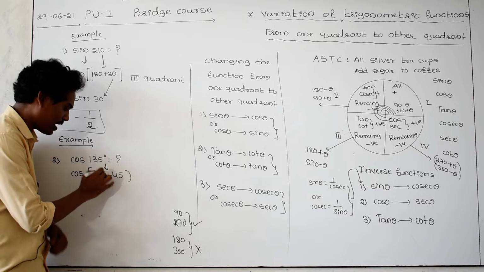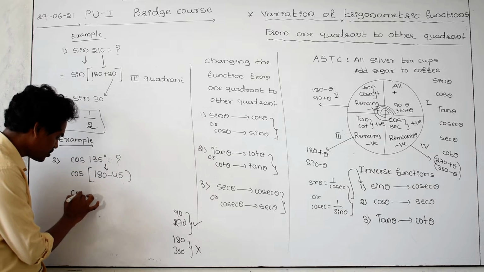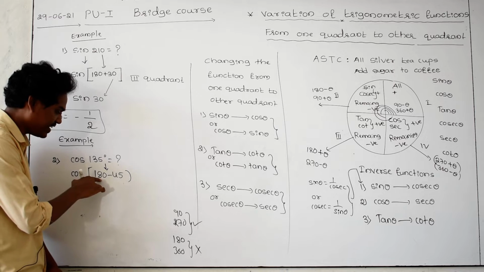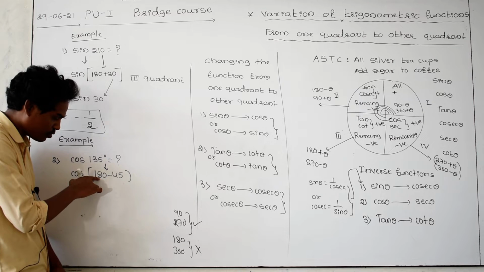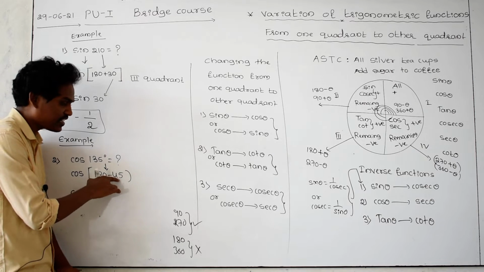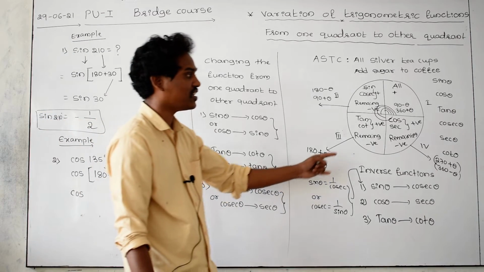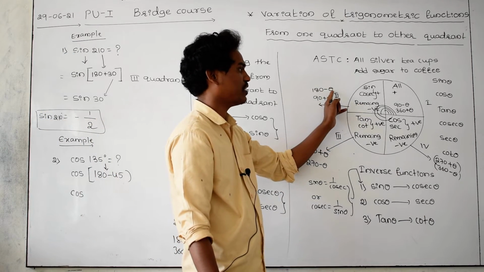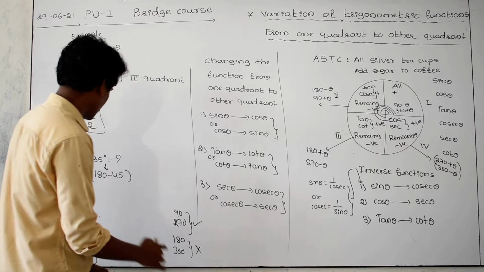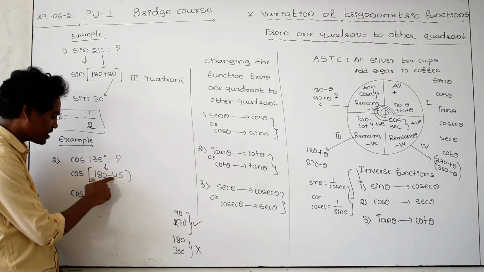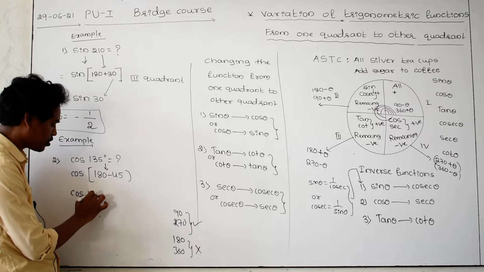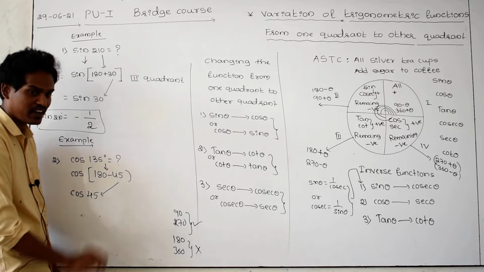Now I am writing, see, cos as it is. Cos of 180 minus theta. Which quadrant is it? It is the second quadrant. Then cos of 180 minus theta is cos theta, that means cos 45. I have taken 45 here.